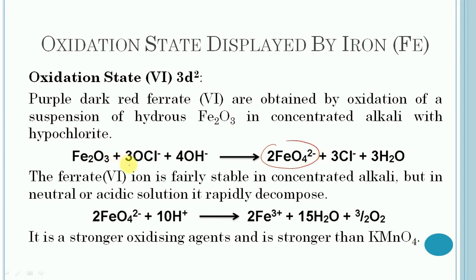Iron 6 ion is fairly stable in concentrated alkali, but in neutral or acidic solution it can readily decompose. It is a strong oxidizing agent and is stronger than potassium permanganate.